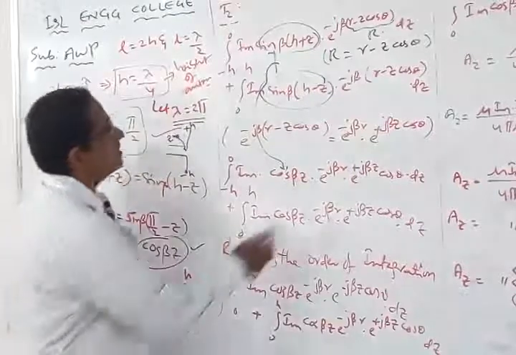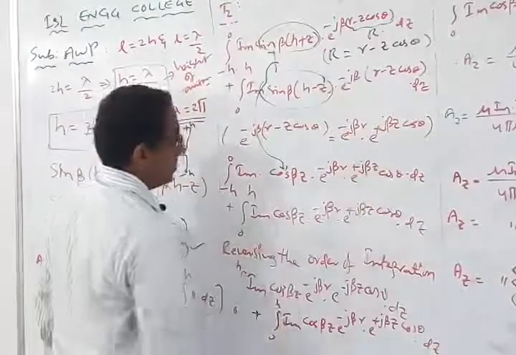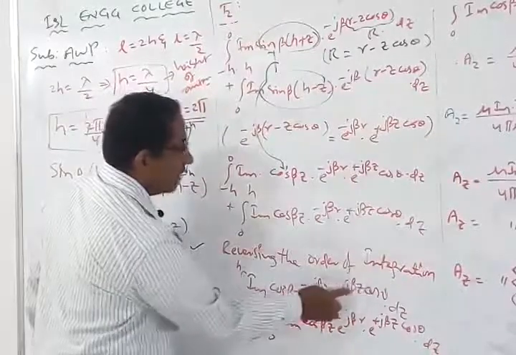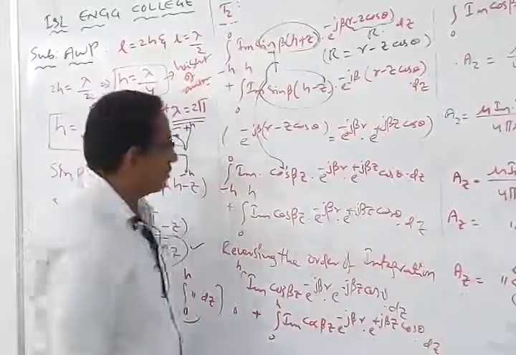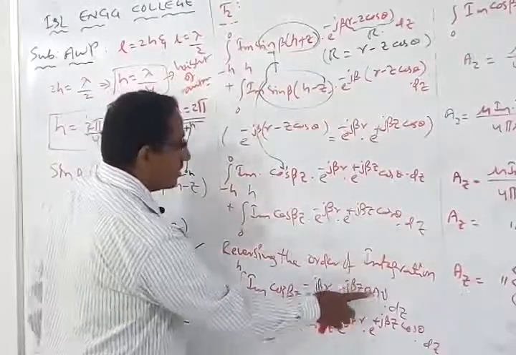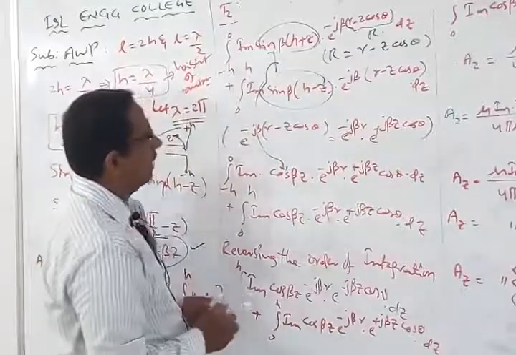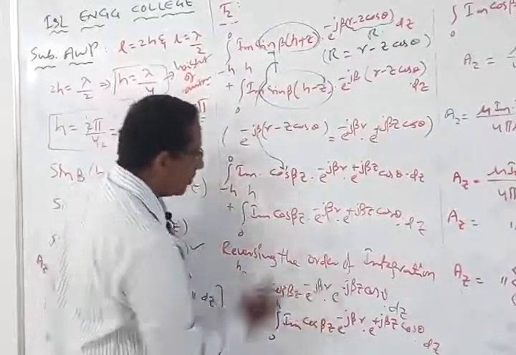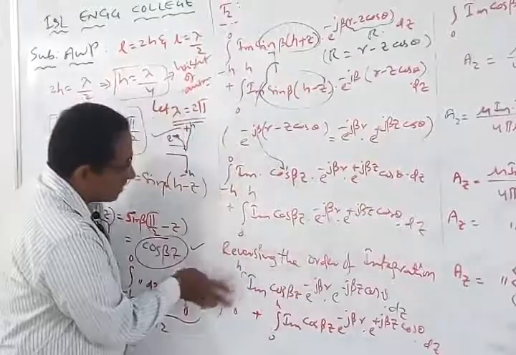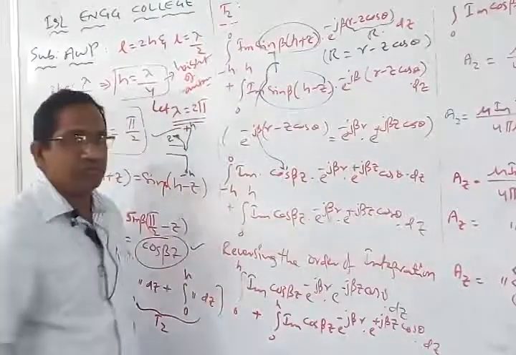Now in this equation we have plus z here. This plus z is going to become minus z, so this e power minus z we represent here. That's why I put it here in blue ink. This sign gets changed because we have reversed the order of integration.